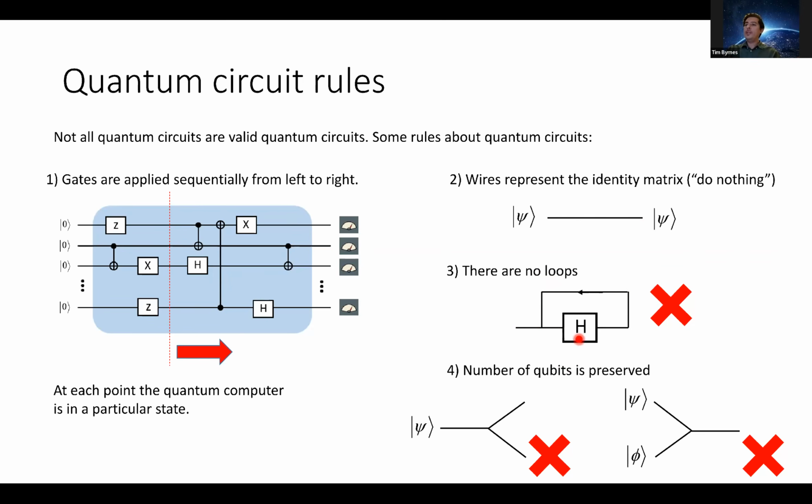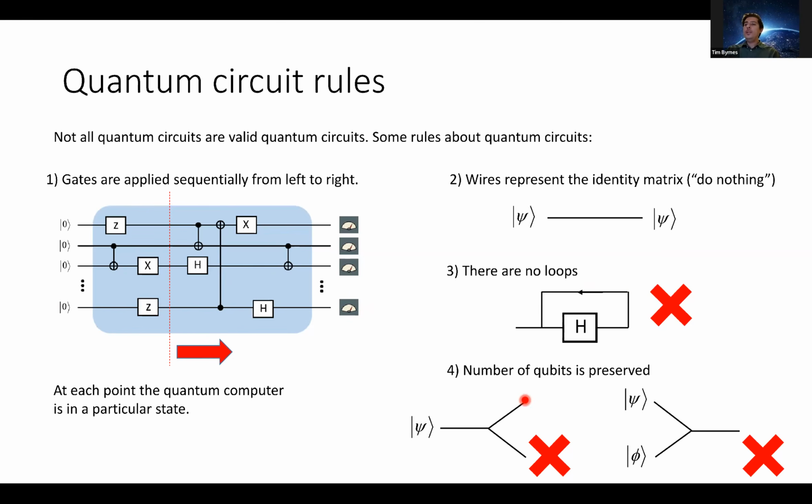Here some gate is applied to it, but you can't have these things traveling backwards in time, because going left to right is the time evolution. If something is moving right to left, then it's traveling backwards in time, and we're not doing time travel, so there's no backwards in time evolution. This doesn't happen.